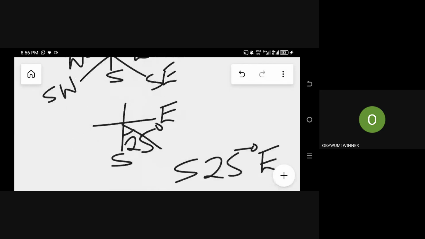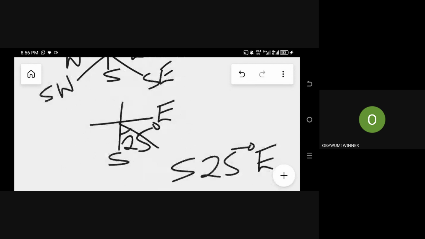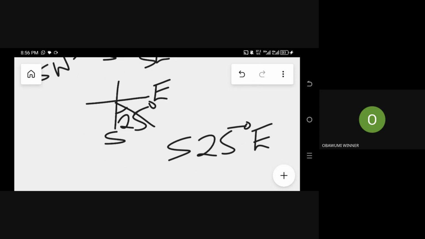Now we're trying to determine how to get the compass bearings. To get the compass bearings, the angle must border with the north or with the south. If the angle is bordered with the north or with the south, then you can simply read it as what you see.